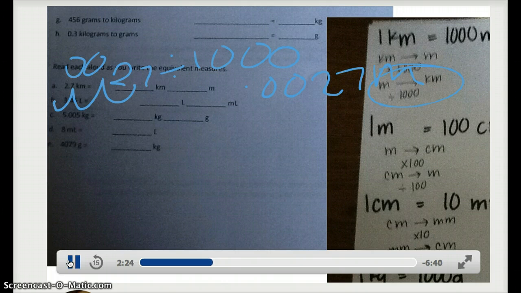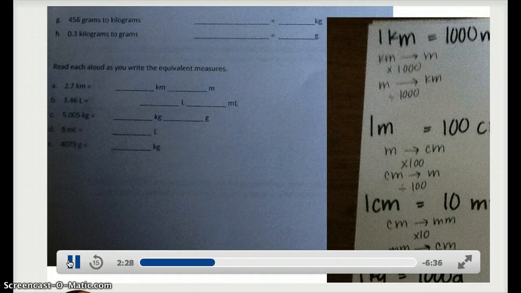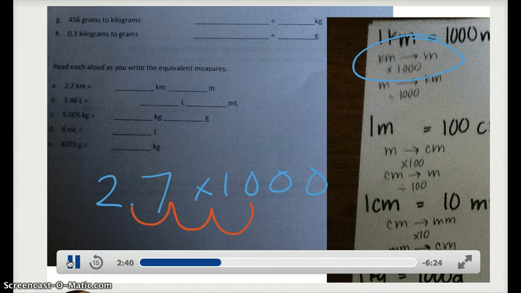So I'm going to restart. I have kilometers to meters. I'm multiplying. Sorry, even I make mistakes. I'm multiplying by 1,000. So 2.7 times 1,000. That's 3 decimal points to the right. 1, 2, 3 to get 2,700 meters.